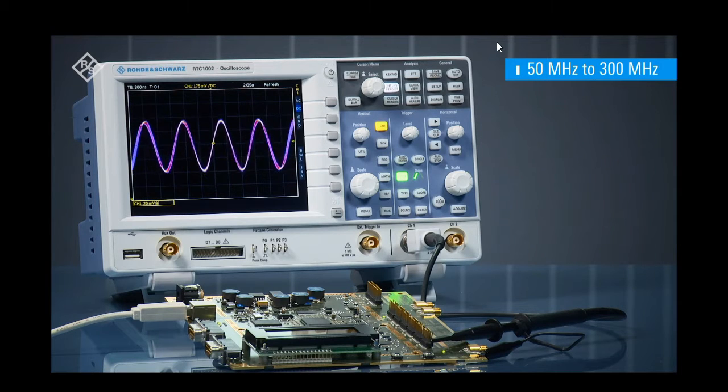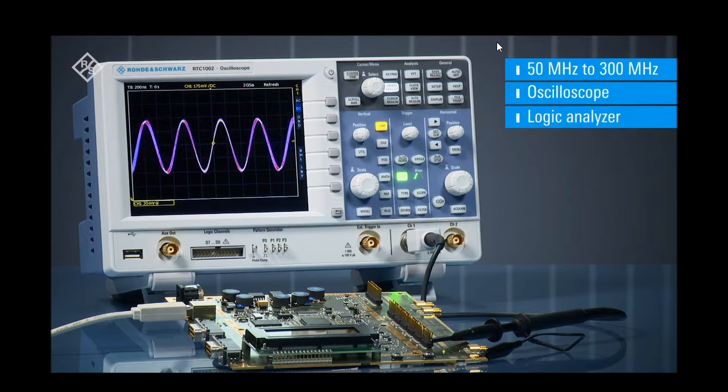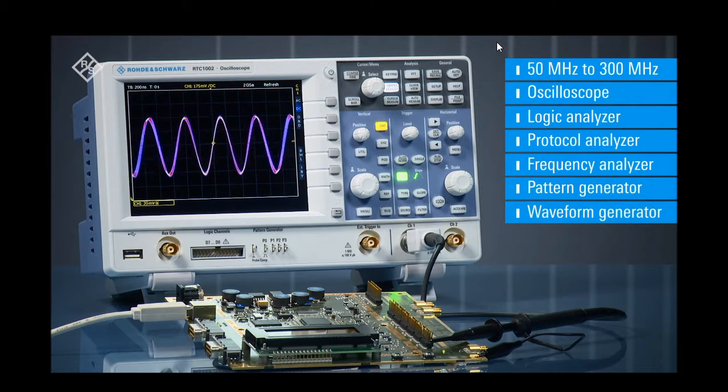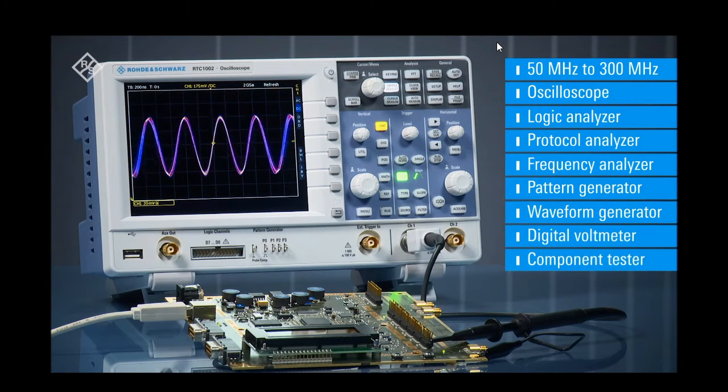Multifunctionality offers time domain, logic, protocol, frequency analysis, pattern generator, function generator, digital voltmeter, and a component tester, all in a single instrument. It is not only acoustically silent, but it also has excellent electrical noise performance. And the best part? All is upgradable on your desk, so the instrument grows with your needs.